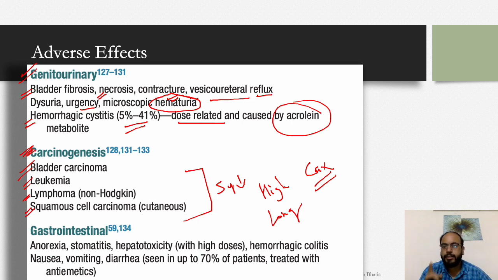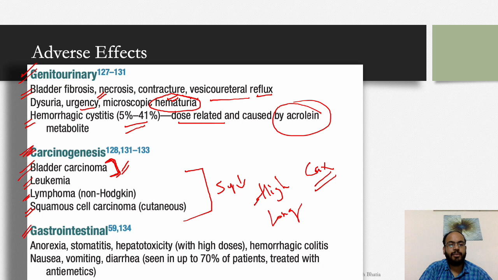Remember that non-dermatological indications for cyclophosphamide are different cancers like leukemias, lymphomas, non-Hodgkin lymphomas, multiple myelomas, and for those patients the dose of cyclophosphamide is majorly on the higher side, and they have been reported with this kind of malignancies. But bladder carcinoma is specific for cyclophosphamide, so we need to keep our eyes open for this.